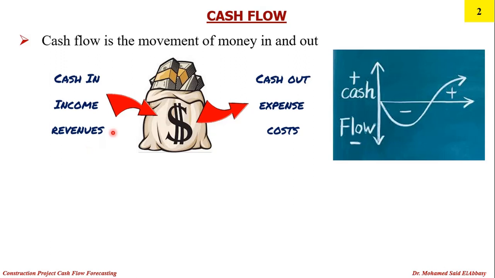But when we say cash in or income or revenues, we're talking about the different work items that are required to construct such a project, and for such work items, there is a person who is responsible to pay for them, which is simply the owner. However, what actually happens is that the contractor usually pays out such amount of money for such work items, and then later on he or she receives the cash in from the owner based on the portion of the work items that have been executed at a certain time interval.